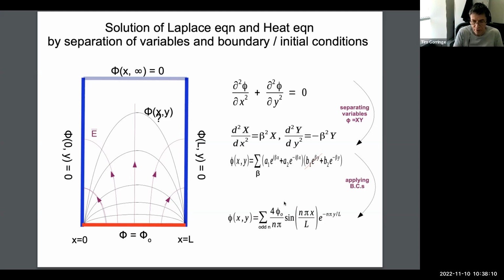So this is how we arrange for the boundary conditions. You'll notice that the variation in y and the variation in x are linked to one another because, for example, n is present in both the sine function and the exponential function that contain the x and the y dependencies.